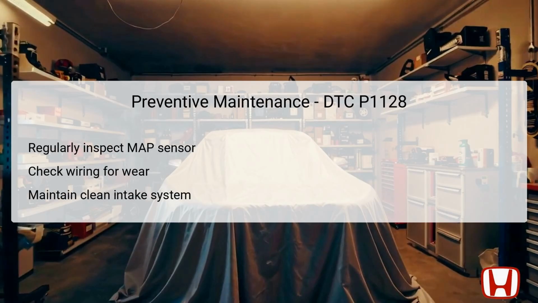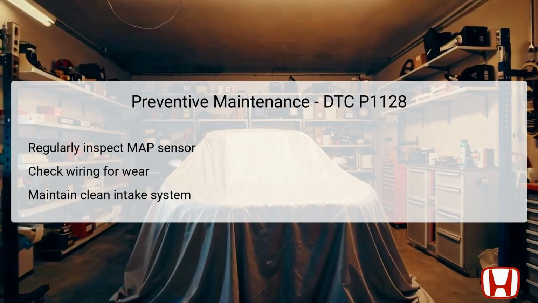To prevent future occurrences of DTC P1128, routine maintenance is highly recommended. Start by periodically inspecting the MAP sensor to ensure it is clean and correctly functioning. Any buildup or debris can obstruct readings and cause system malfunctions.